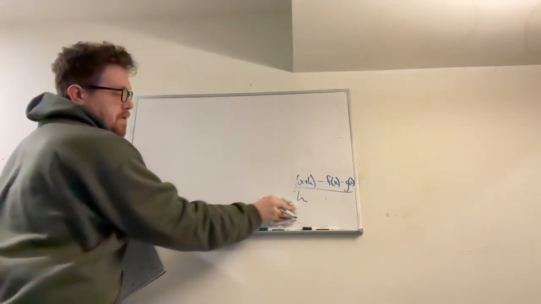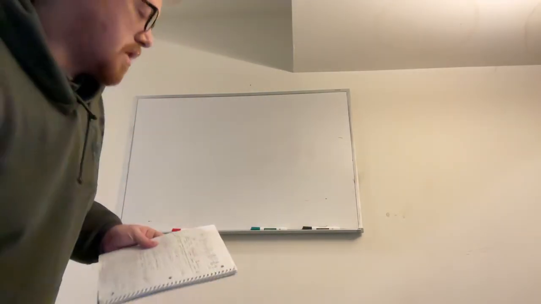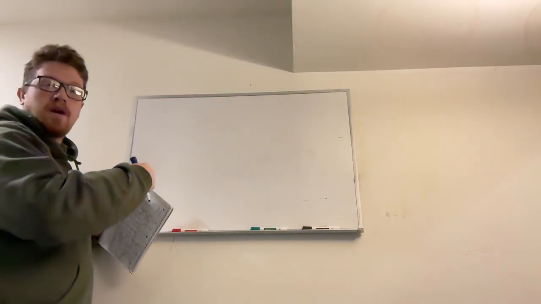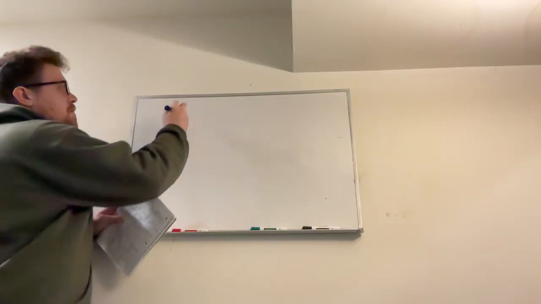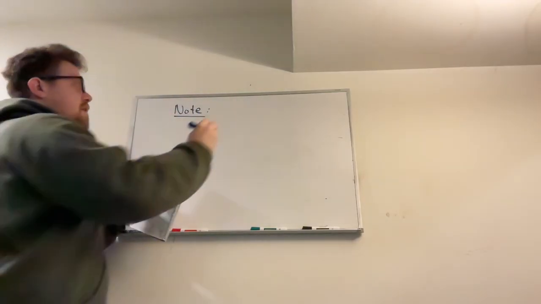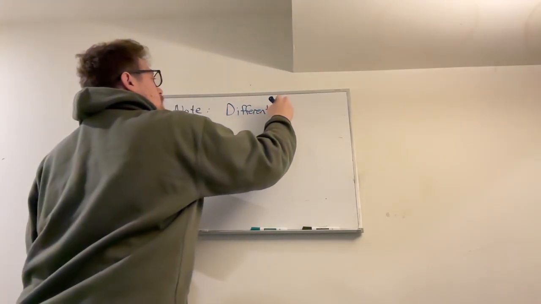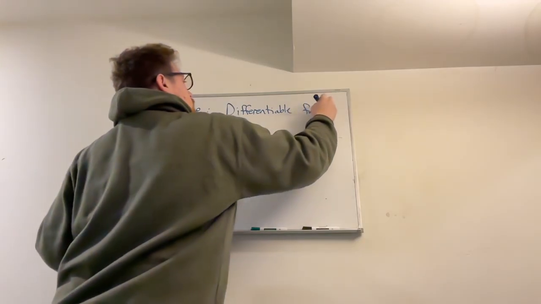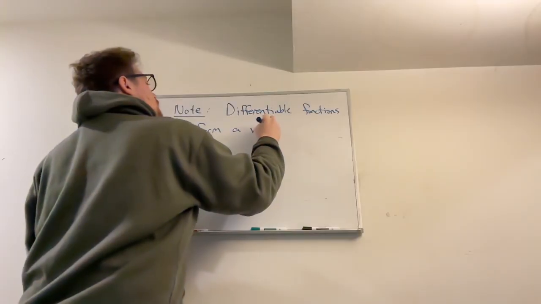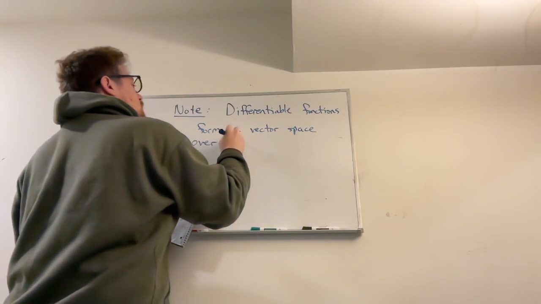So let's write really briefly in our notes that because our space is closed under scalar multiplication and sums, like we just proved in the last theorems, we actually get, let's note that differentiable functions form a vector space over the real numbers.